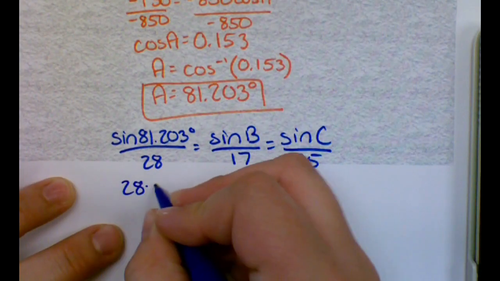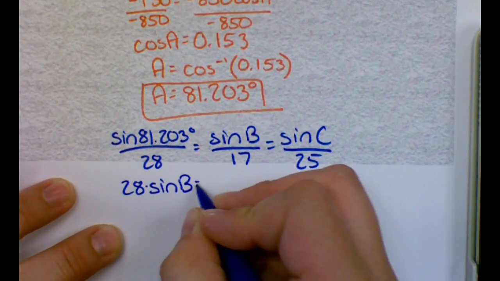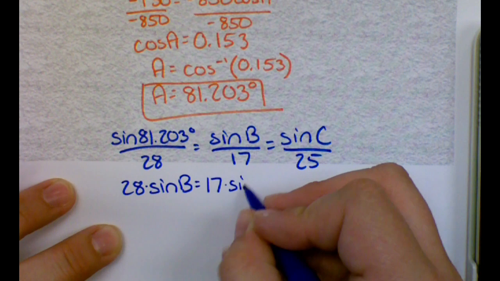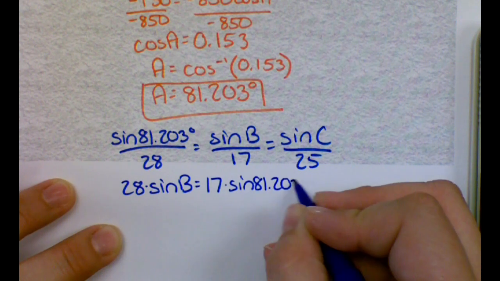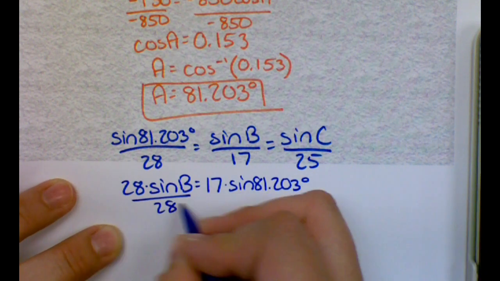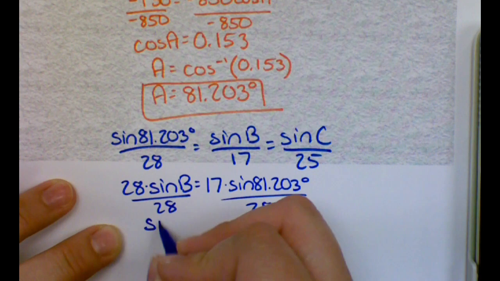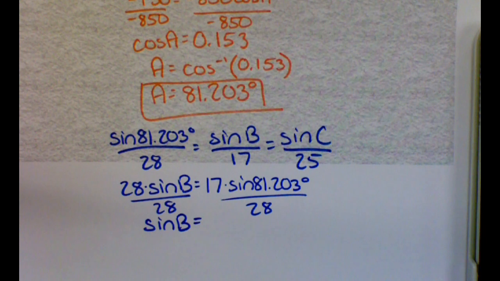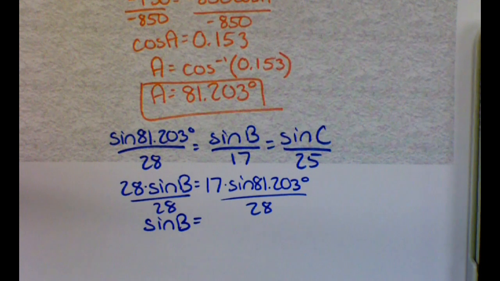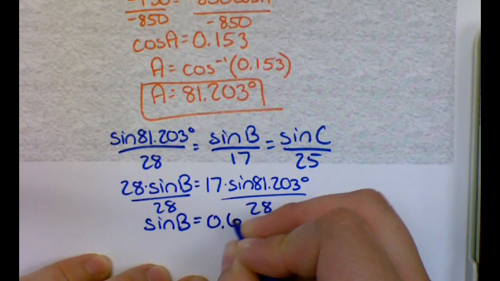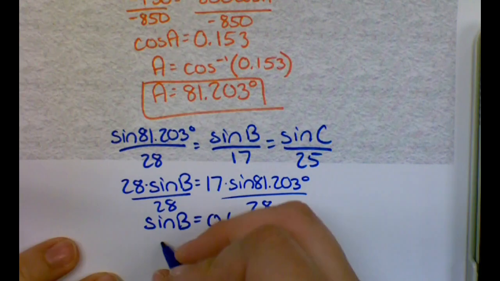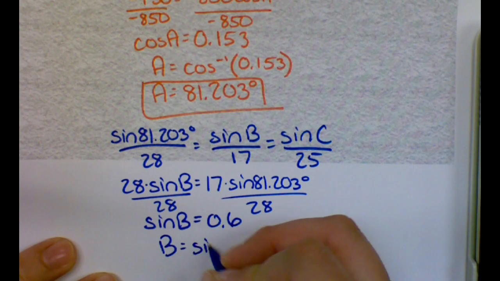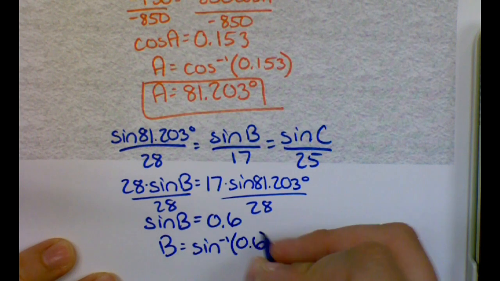Cross multiply. 28 times the sine of angle B equals 17 times the sine of 81.203 degrees. Divide by 28. And the sine of angle B is about 0.60000. So angle B will be the inverse sine of 0.6.